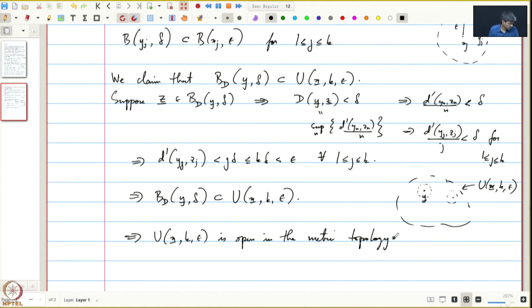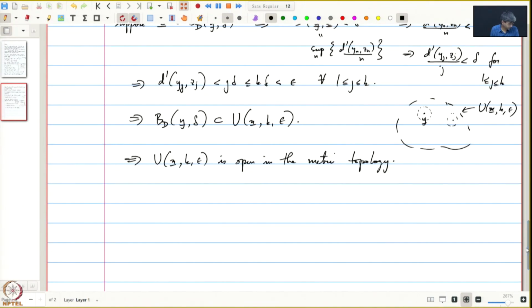Okay. Now let us prove the converse. Next we show that any basic open set B d x epsilon is open in the product topology.